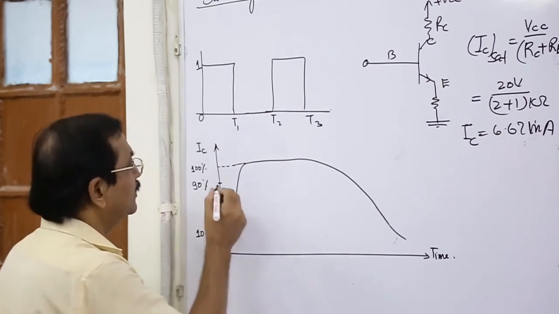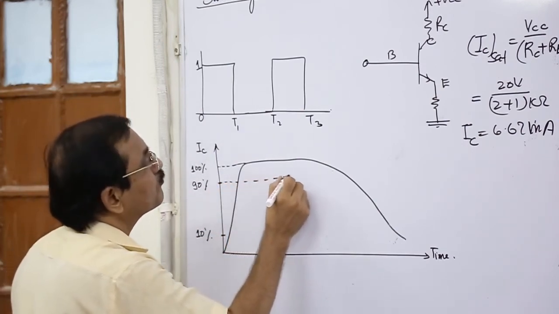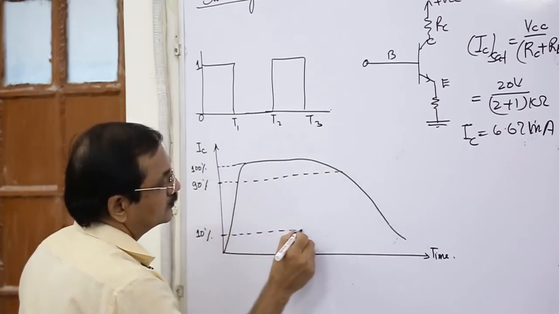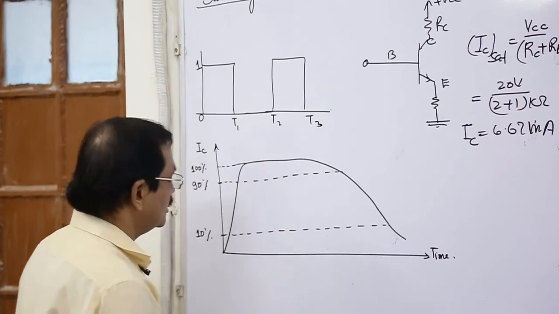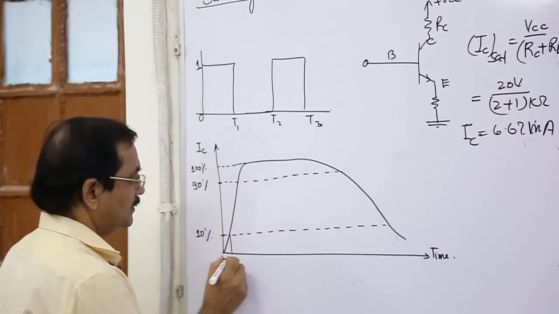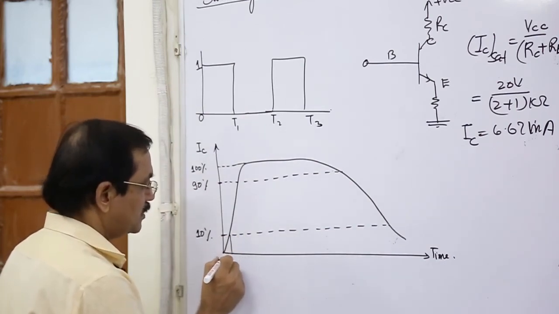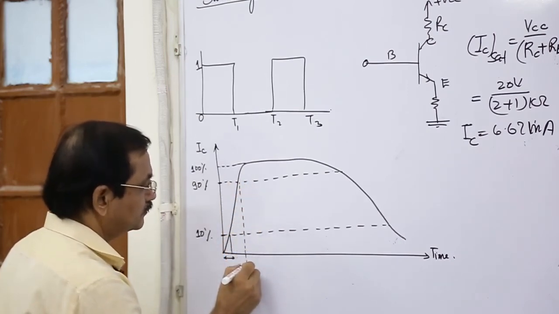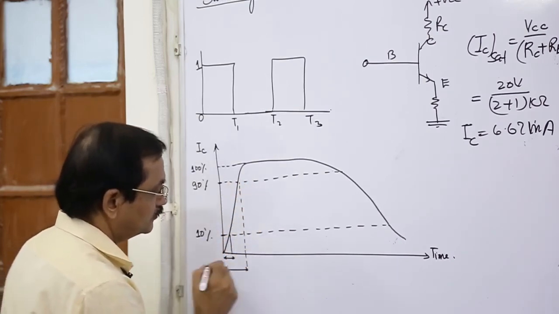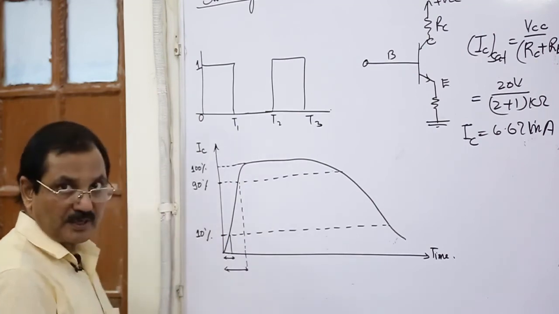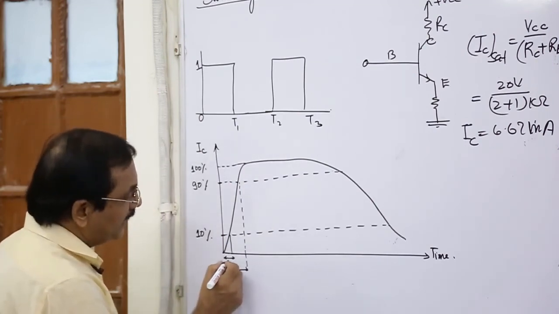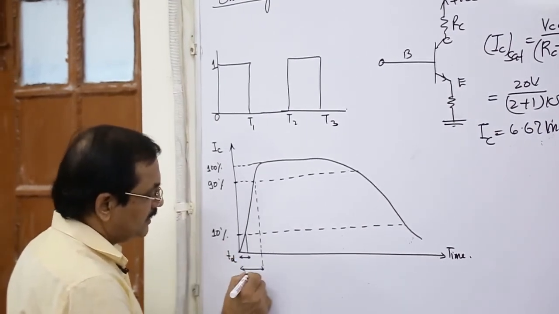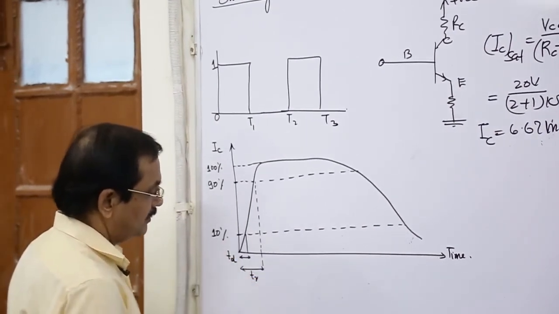If we draw this line on this variation, from this point to this point, this is known as TD, and this is known as TR.